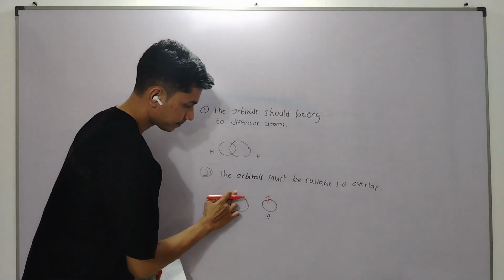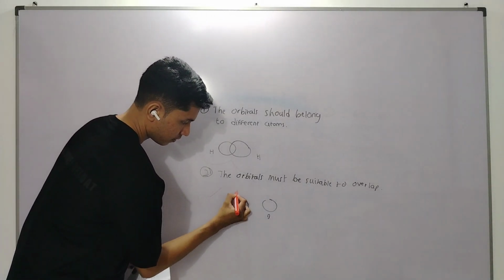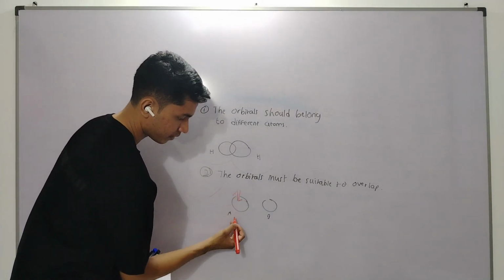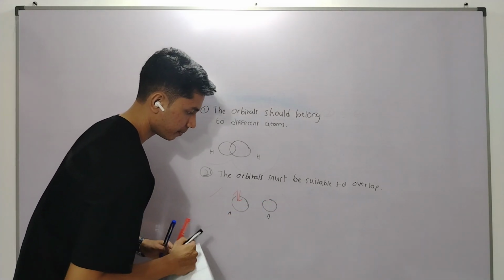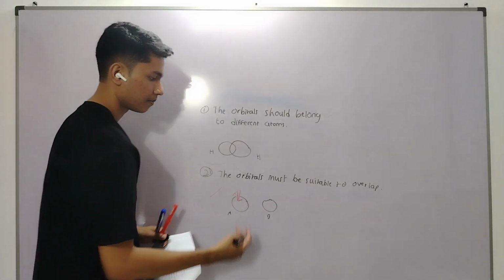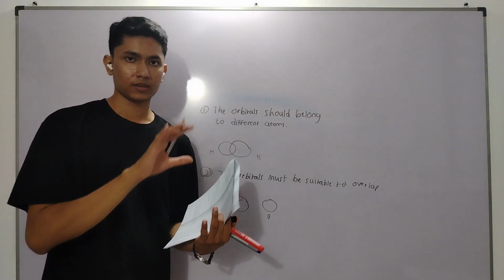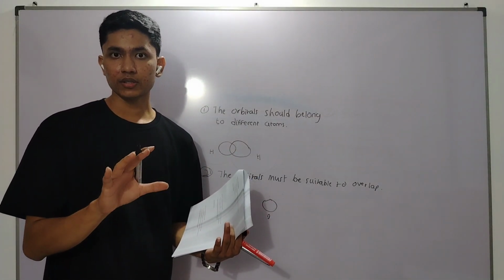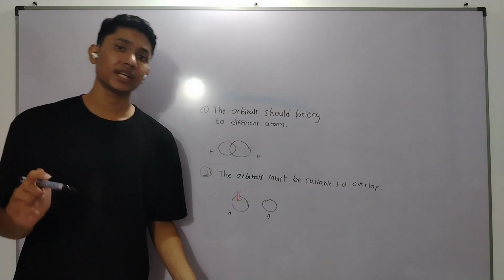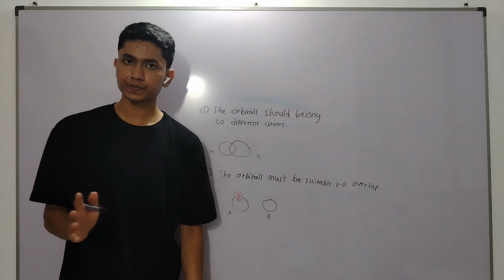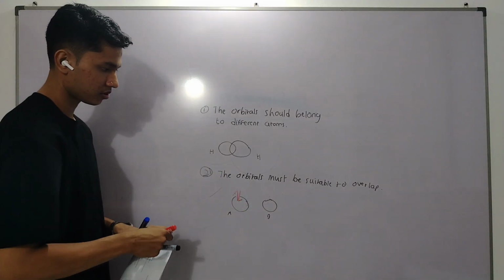Let's say both electrons are donated from A and there are no electrons in the B valence shell, but these two overlap. After overlapping, the number of electrons shared between both the orbitals is 2. Therefore, it is also suitable to overlap.